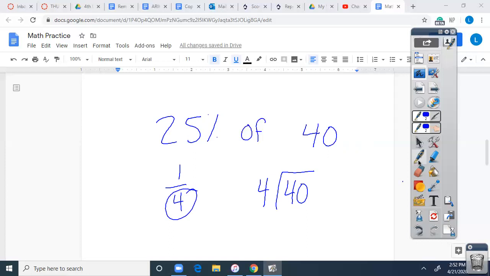Okay? I will tell you that you're only going to need to know how to do 1/4 and 1/2. Okay? You're only going to need to know how to do those. There are lots and lots of fractions in the world, but these are the two that are the most popular that you're going to need to know how to convert from percentages to fractions. Okay? 25% of 40 means 4 goes into 40 how many times?